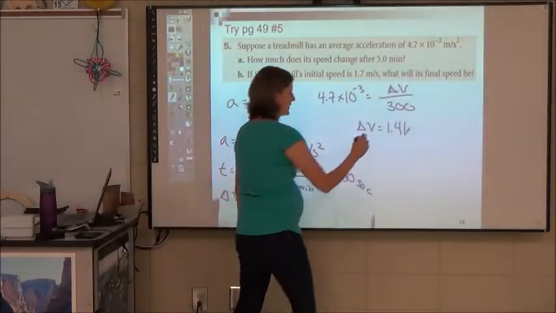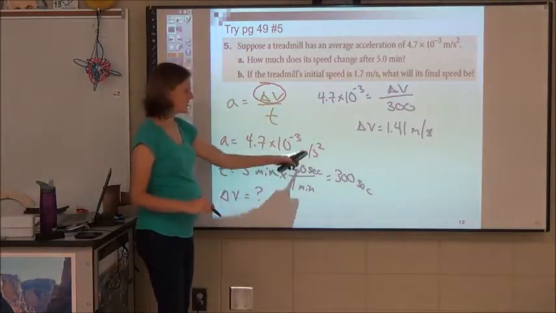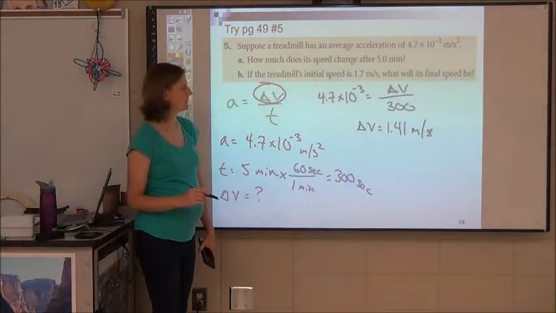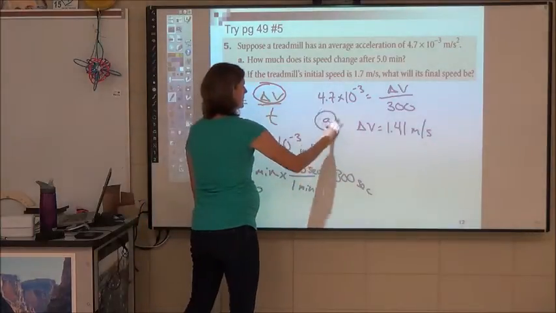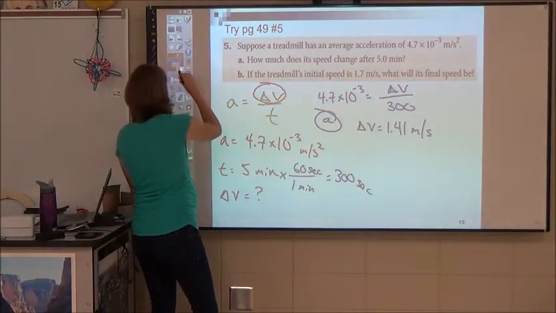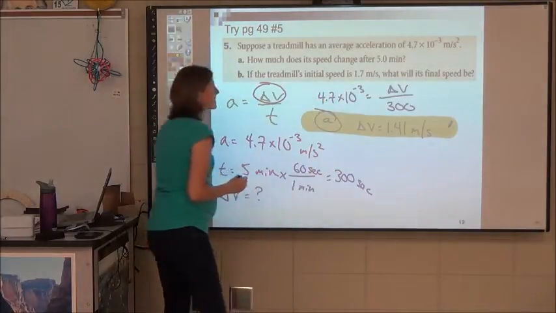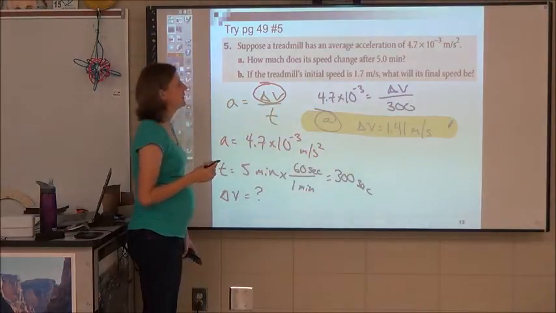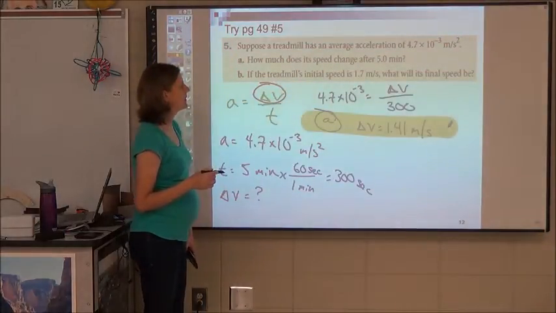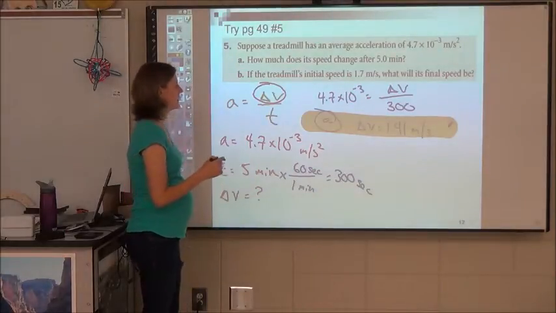Go with meters per second, because that's what we based our formula off in the first place. All right, so that's part A. And since it just says speed, technically don't need a direction. Not that we really know what the direction is anyway for this treadmill. We don't know which way it's oriented.